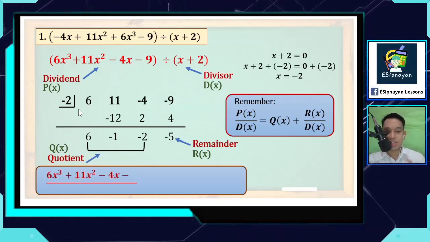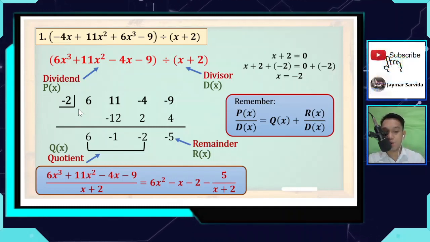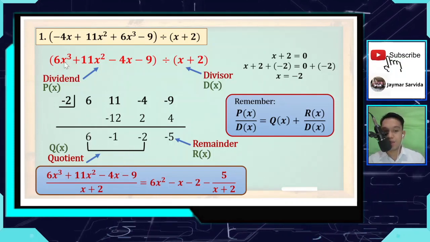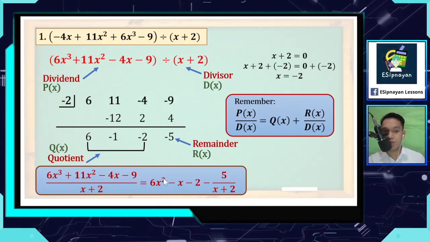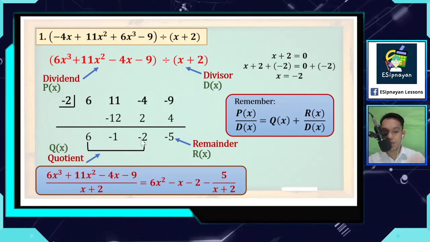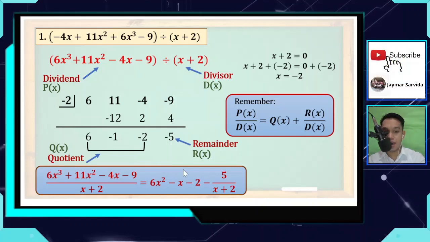So 6x cubed plus 11x squared minus 4x minus 9 all over x plus 2 is equal to 6x squared. Okay, mag-minus ka lang ng 1 dito sa ating coefficient. Diba dito, x cubed. So, sa ating quotient, magiging 6x squared na yan. 6x squared, sunod-sunod na. And then, ito ay negative x, then negative 2, minus the remainder, 5 over x plus 2.